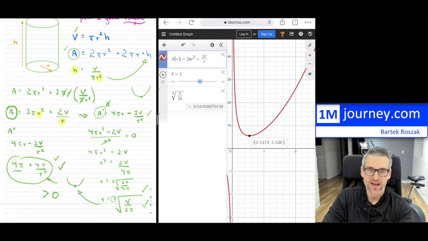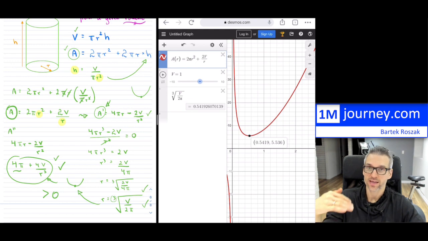Now, on a test, you're not going to be utilizing decimals unless sometimes your teachers allow you to use some tools. If not, then you're going to have to use the first and second derivatives to find these things. But if you're using graphs, you don't need the derivatives. You can just plot it and see what the answers would be. The nice thing is, on the left-hand side, I did everything algebraically.